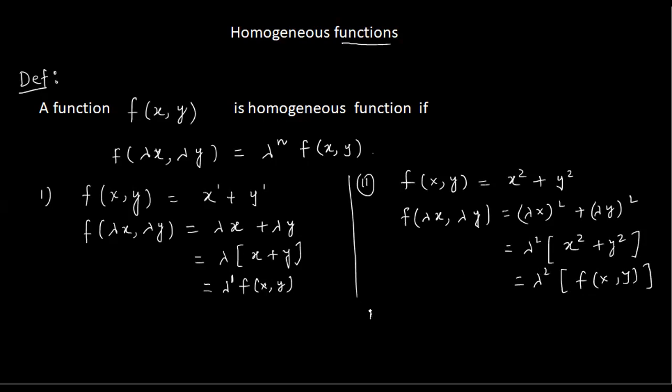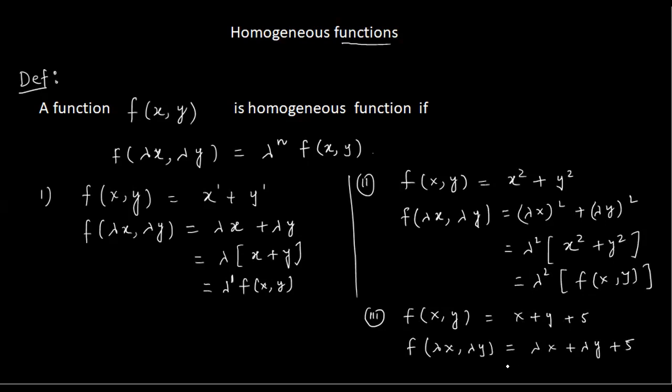Let us see one more example where f of x, y is not homogeneous. Let us say f of x, y is simply x plus y plus some constant, say 5. This time if you plug λx in place of x and λy in place of y, then we can rewrite this as λx plus λy plus 5.